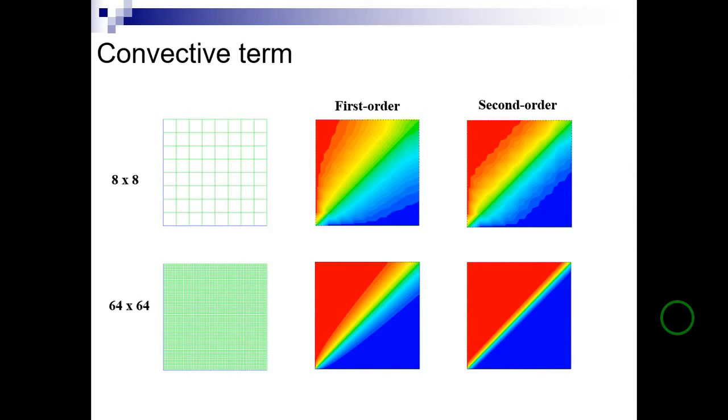False diffusion happens due to both the oblique flow direction and non-zero gradient of temperature in the direction normal to the flow. As can be inferred, a proper grid refinement combined with a high-order scheme can largely minimize the false diffusion, which is the case of the prediction provided by the more refined grid combined with the second order upwind, which we can see here in the corner of the screen, the best prediction.